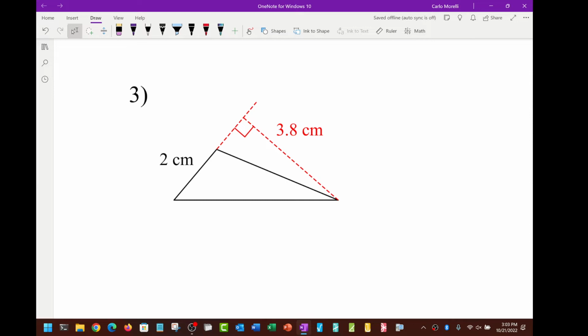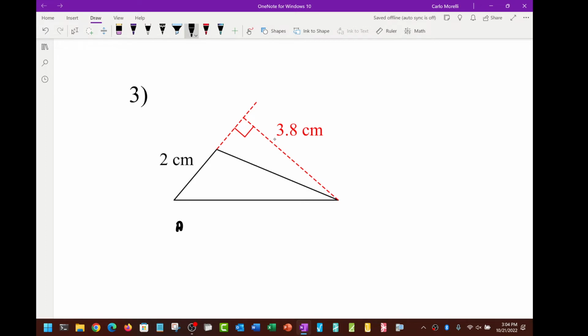And if you've never seen a triangle like this before, that's the height right there. This is the altitude. And the base is 2 centimeters. So you don't need to worry about this here. What they're doing is they're projecting out so that they can get a right angle. So let's start working here.